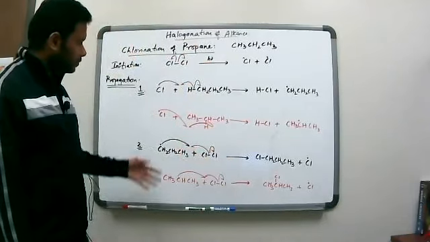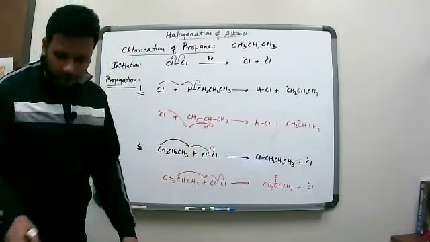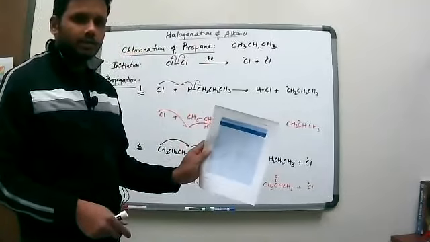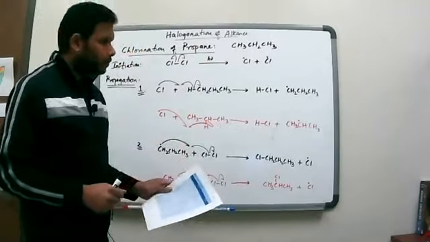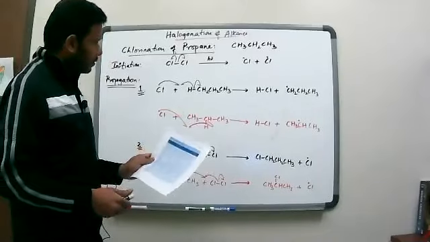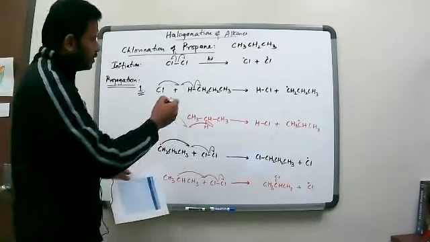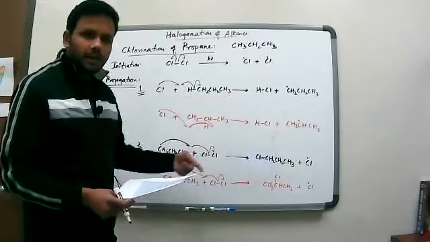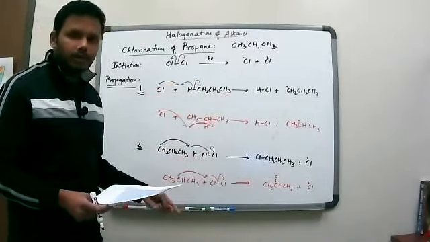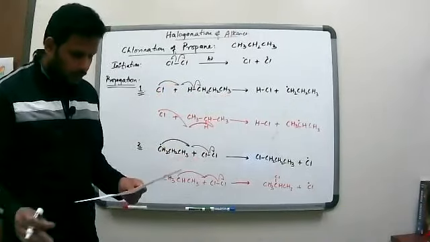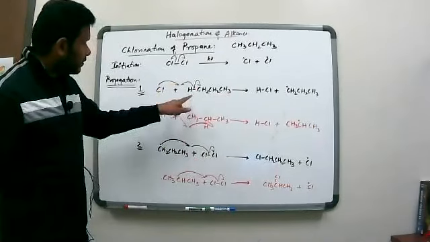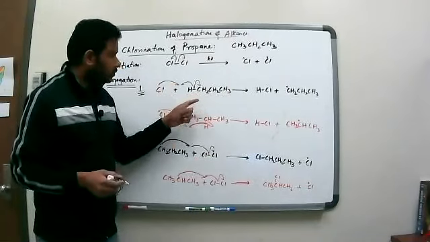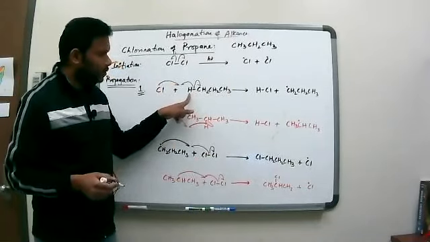Now that we have the mechanism, I actually printed out the sheet for myself. This is the bond dissociation enthalpy sheet that's available on Blackboard now. Essentially what we can do is use the table to do the calculations for delta H for the chlorination of propane. If we look at the first propagation step, we are breaking a primary carbon hydrogen bond.